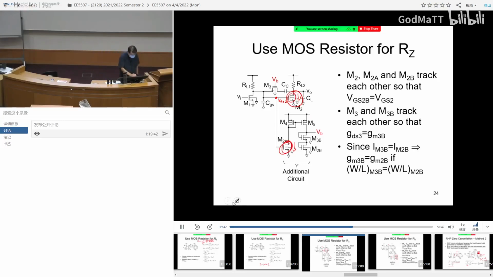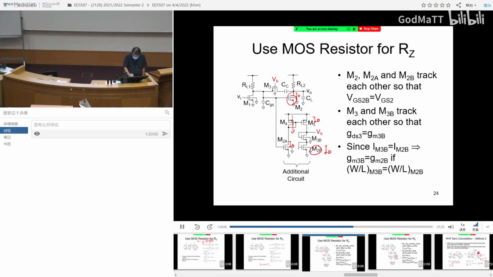Now, if they have the same current, I mirror this guy. So let's say this is ID. So this is also ID. I mirror this guy, this is also ID. Agree? And this ID flows through this guy. If I pick this transistor exactly the same, this is also ID, isn't it? Yes?